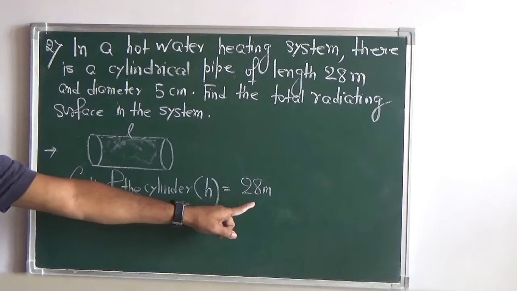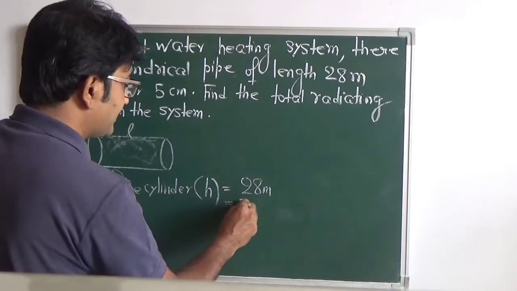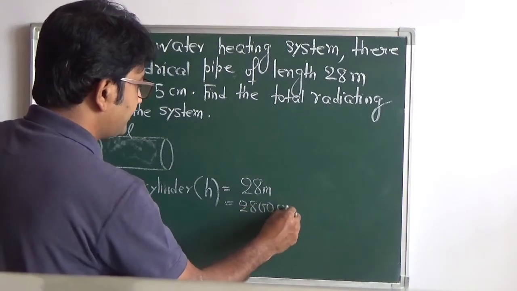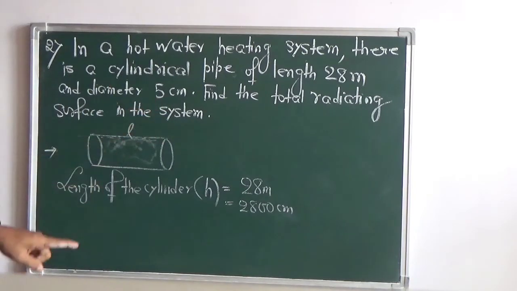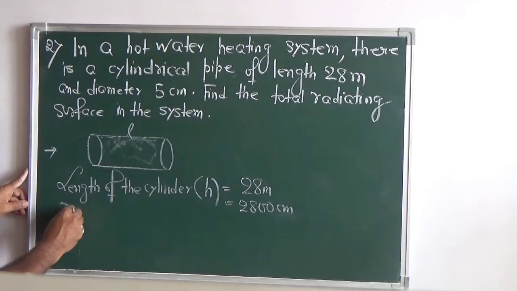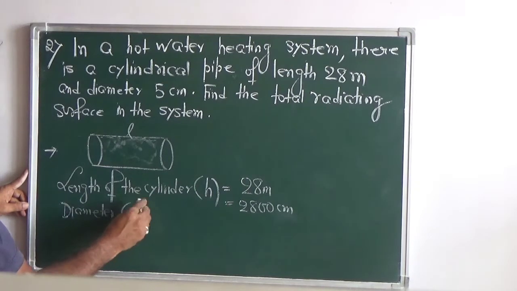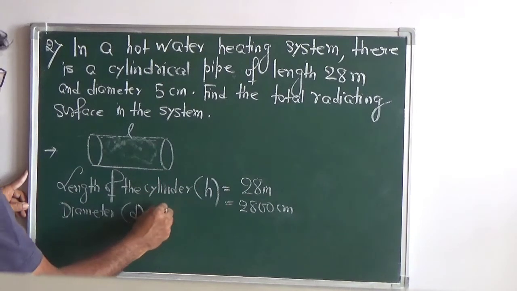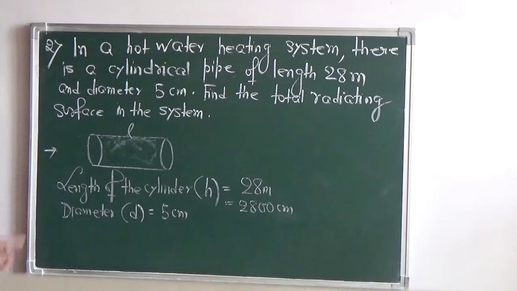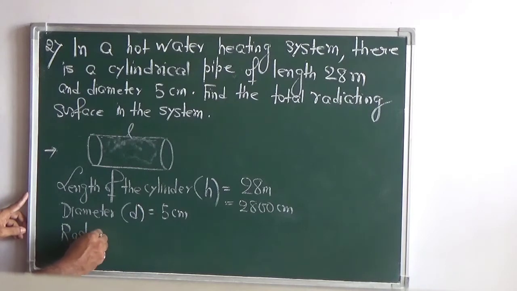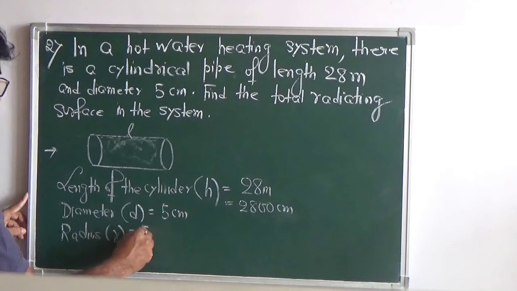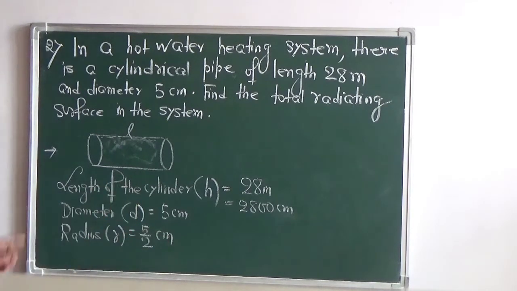So this is 28 meter. You can change it to 2800 centimeter, or you can change the other into meters. So I am changing the length or the height of the cylinder as 2800 centimeter. Now the diameter d is given as 5 centimeters, so the radius r will be 5 by 2 centimeter.